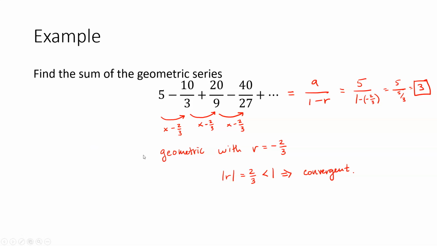So we first verified it's geometric, figured out the common ratio r, showed that because the absolute value of r is less than 1 it's convergent, and hence we can find the sum of this series using a over 1 minus r.